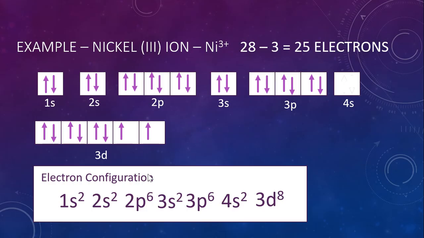So the third one comes out of the 3d. So that third one comes out of there, leaving us with a new electron configuration for nickel +3 that has the 4s removed and the 3d dropped down to 7.